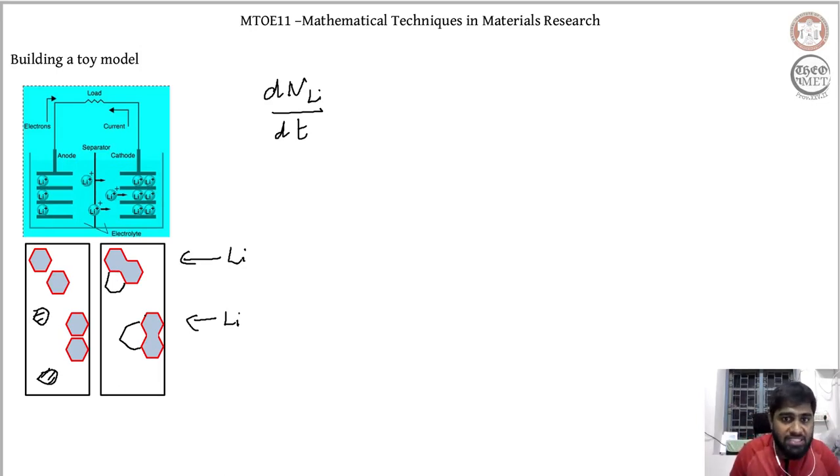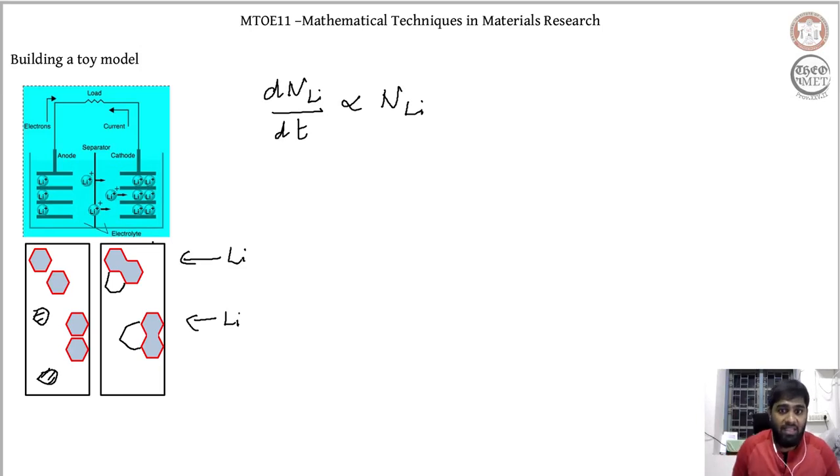So what this means is, this accommodation of lithium ion within the electrode is proportional to the number of lithium ions that are already present. When the number of lithium ions increases, the charge increases. When the number of lithium ions wants to increase, it needs to get accommodated in the electrodes, and the more energetically favored way is to look for already existing lithium ions.